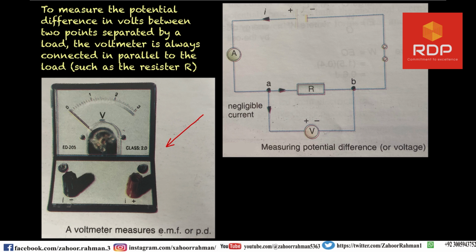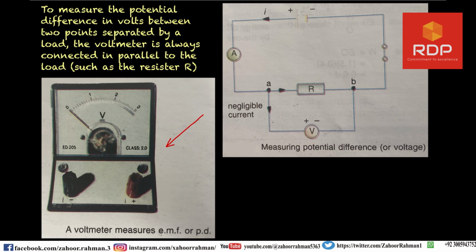Dear learners, the main difference between measurement of EMF and potential difference is that when we want to find the EMF of a dry cell, we have to connect the voltmeter directly across the cell. On the other hand, if we want to find the potential difference, we have to connect the voltmeter in parallel, as shown in the figure.